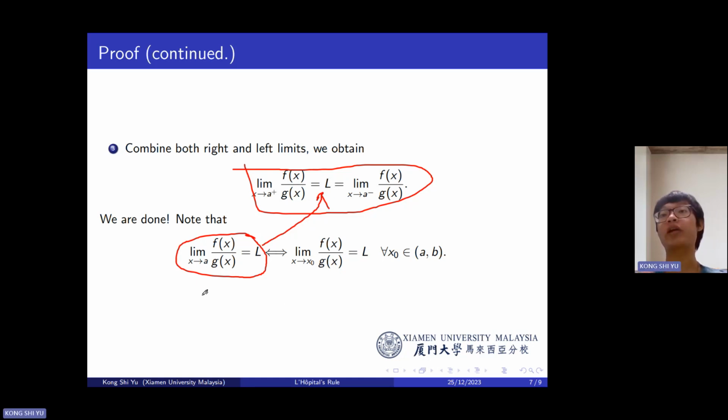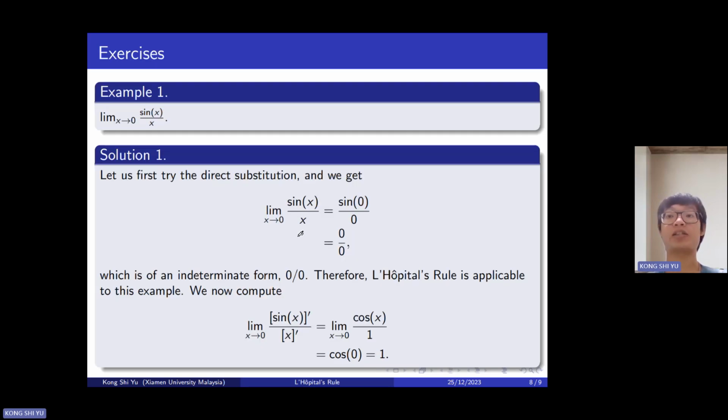So eventually, we are done. That's roughly the scratch work of L'Hopital's rule. There are some technical things behind the proof, but that's roughly the scratch work of how we can prove L'Hopital's rule. Easy, right? So now we'll be looking at some exercises.